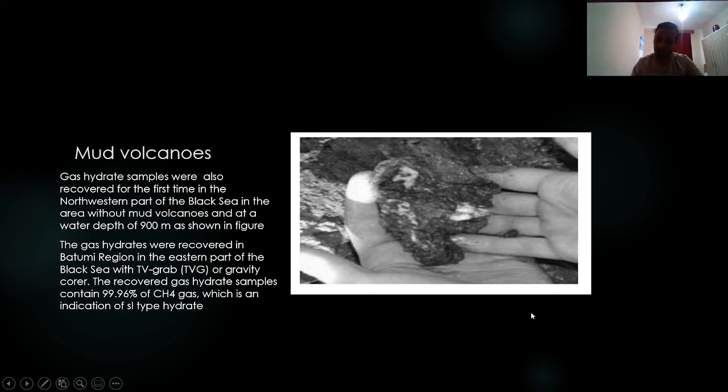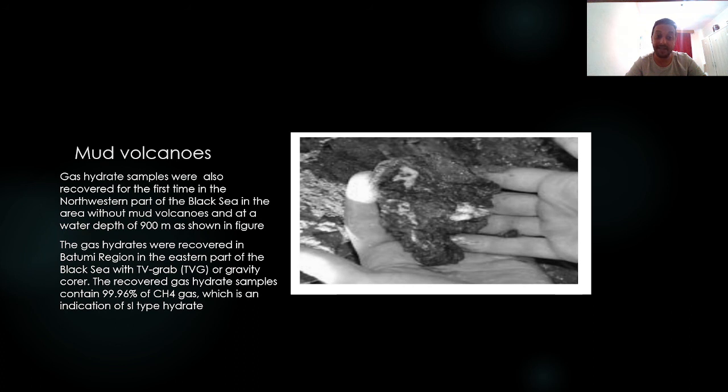Gas hydrate was recovered in the Batumi region in the eastern part of the Black Sea, near the Georgia coast, with a TV grab or gravity corer.